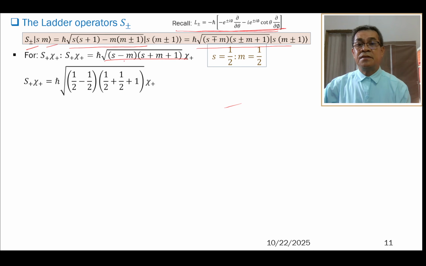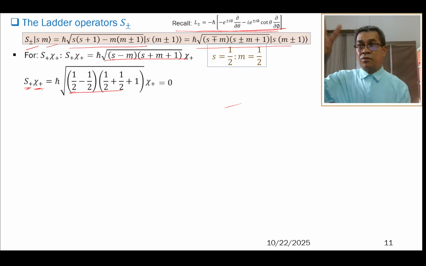Okay, substitute 1/2, 1/2, 1/2. Then we have this result. Then simplify, and the answer is 0. So what does it mean? That if we apply the raising operator spin to the spin up, then the result is 0.